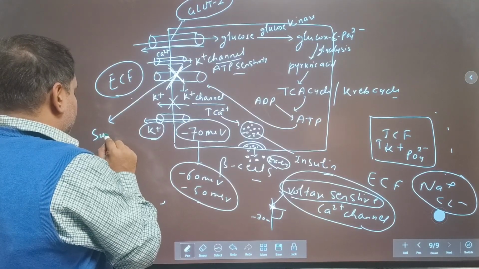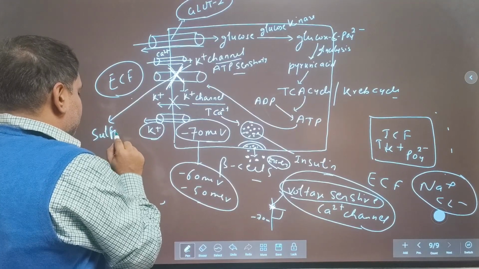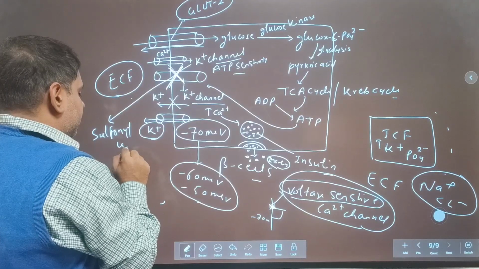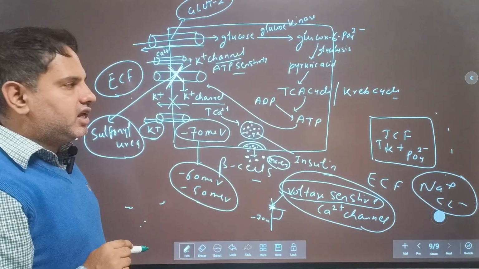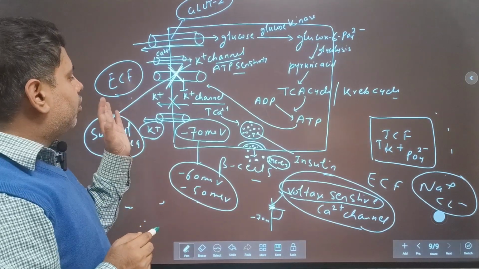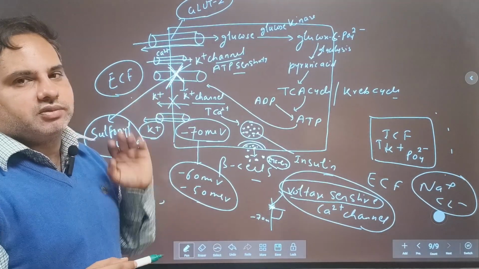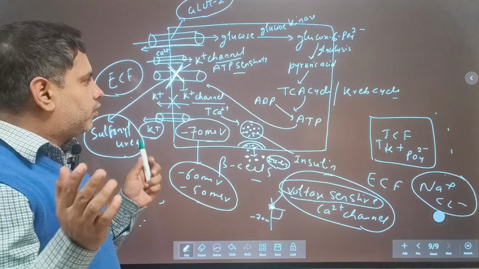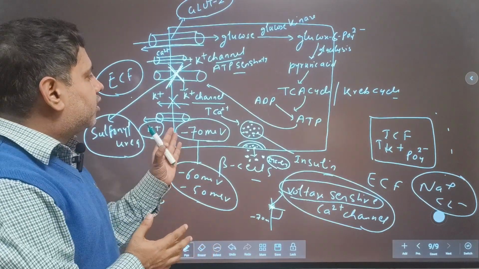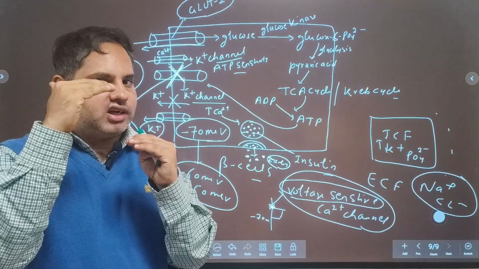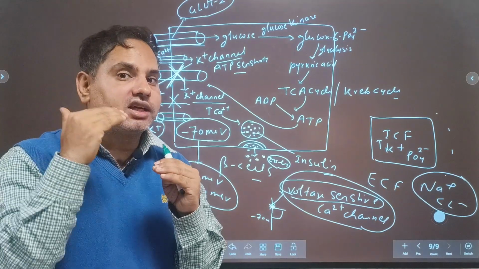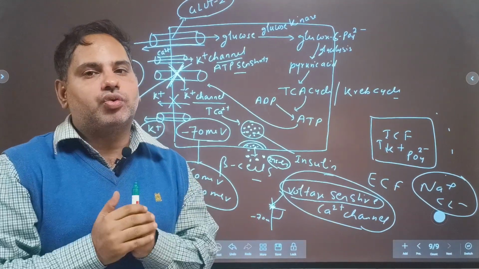So sulfonylurea drugs like tolbutamide, chlorpropamide, glimepiride are going to block your potassium channels. And you know that if the potassium channel is blocked, your membrane potential is going to become less negative, and once it reaches the threshold, your voltage gated calcium channel is going to open.